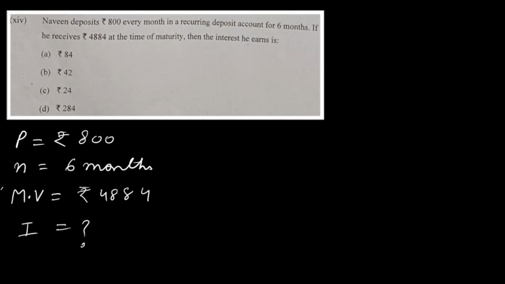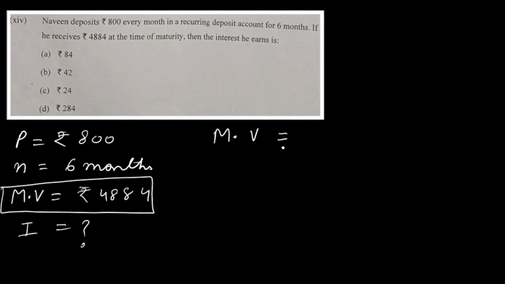Since MV is given to us, we will use the maturity value formula. So what's the formula of MV? The formula of MV is equal to P into N plus I. Simple formula here, we are not going to use the formula for I. So the maturity value is equal to 4,884.